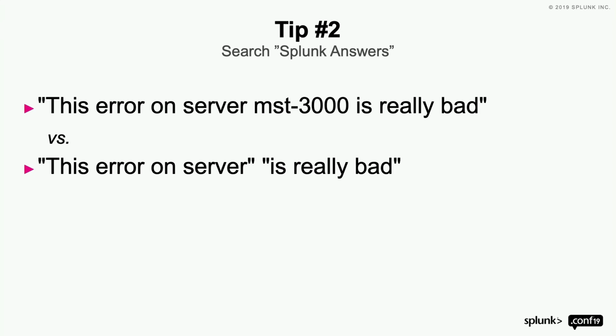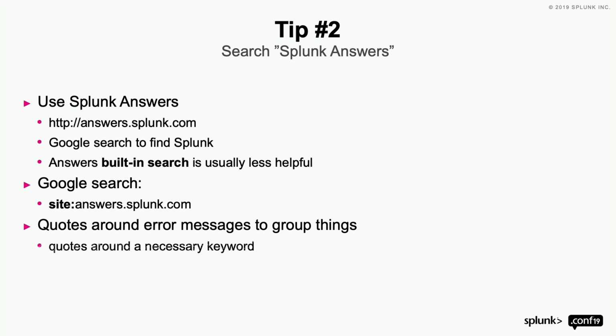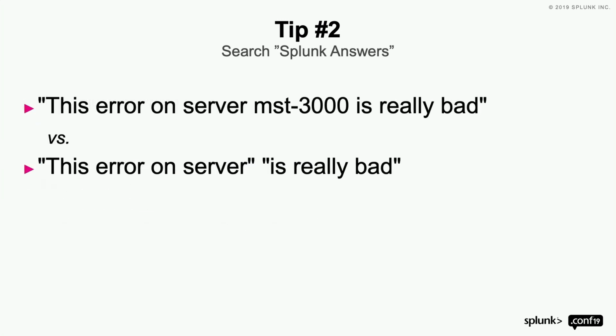So you want to make sure that you don't quote the entire thing. You want to take out that server name so that it's just the smaller amount there. And put quotes around the different parts. That helps.